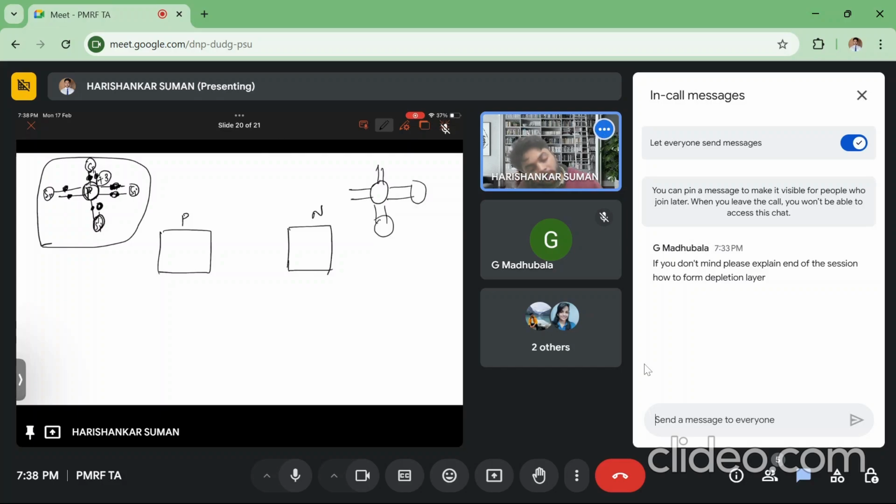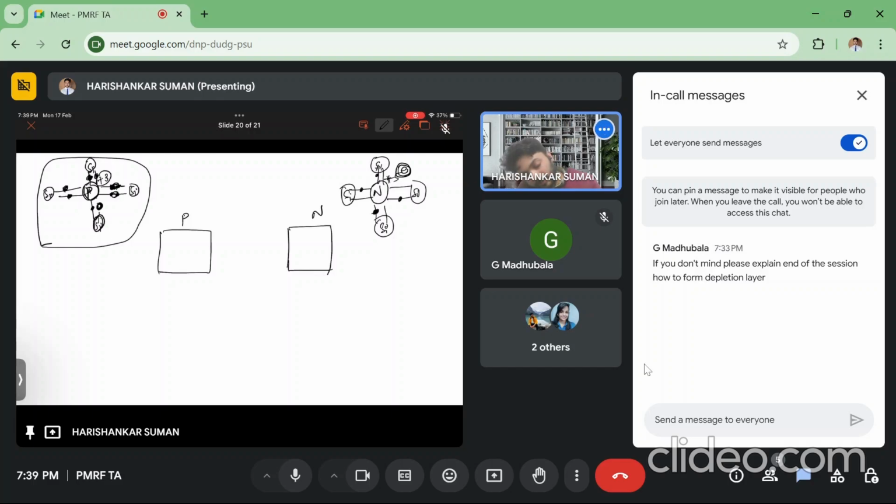This is, let's say, a plus 5 valency atom for n-type. So one electron, let's say 2, 3, 4, one is remaining.